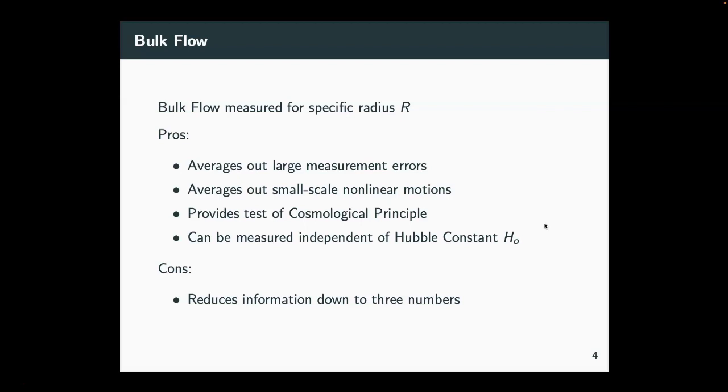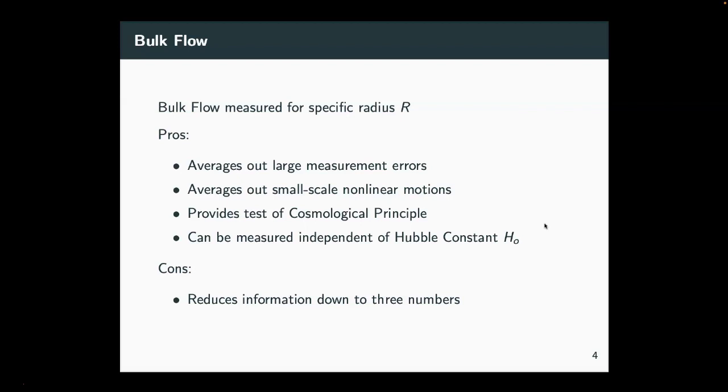Even though H0 appeared in our formulas for the peculiar velocity, that adds a constant radial velocity to all the galaxies. If you have a full volume, then when you average over that constant radial velocity introduced by changing the Hubble constant, it averages out.